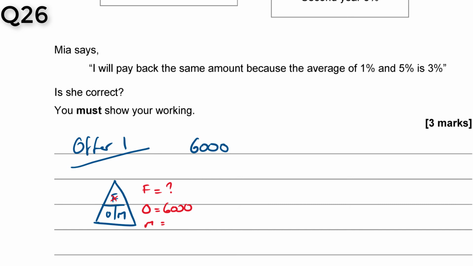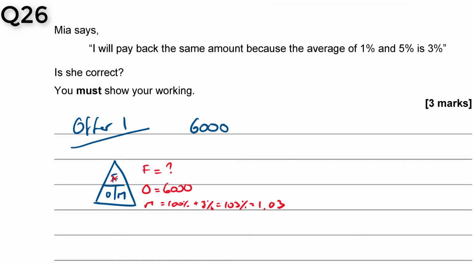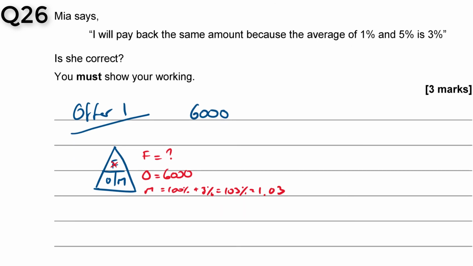So if I've got 100%, I want to do a percentage increase of 3%, then that's 100% plus 3%, which is 103%, which is 1.03 as a multiplier. Okay, so then my final amount, covering up the thing I want to find, it tells me what to do with the other two things. So my final is going to be the original times the multiplier, but because it's compound interest, I'm going to raise that multiplier to the number of years that I'm applying it to.